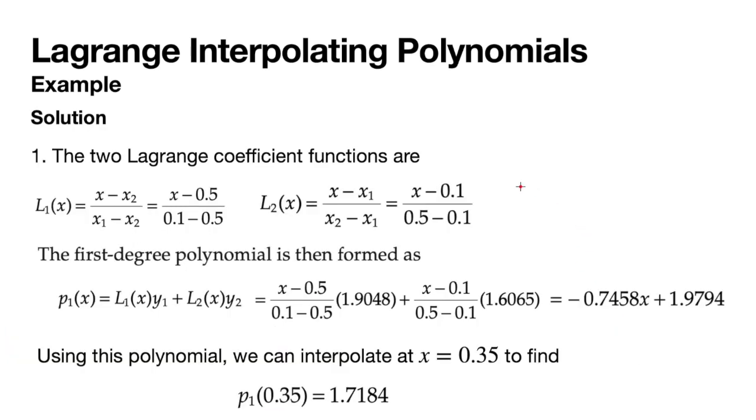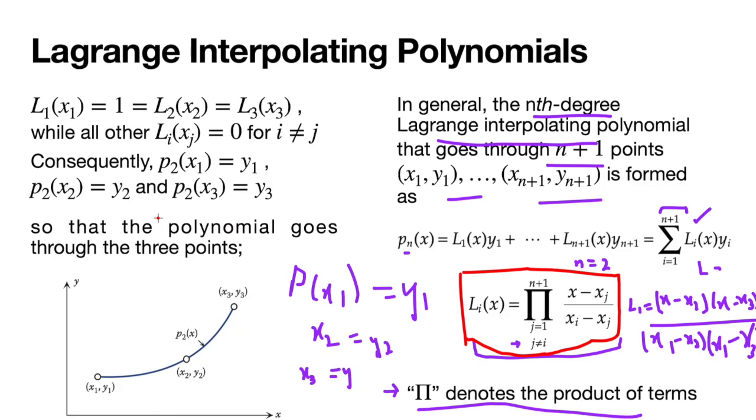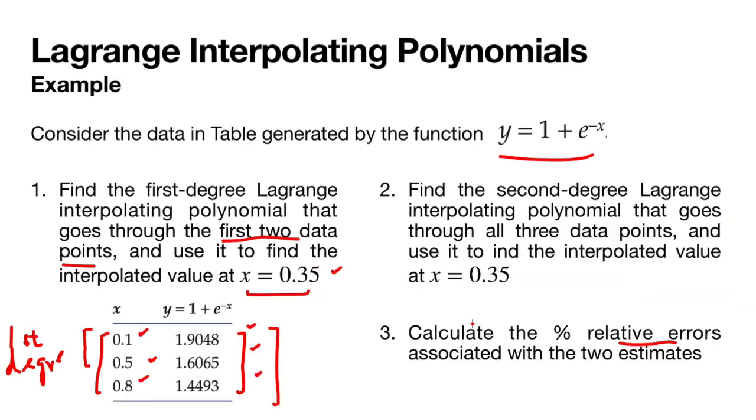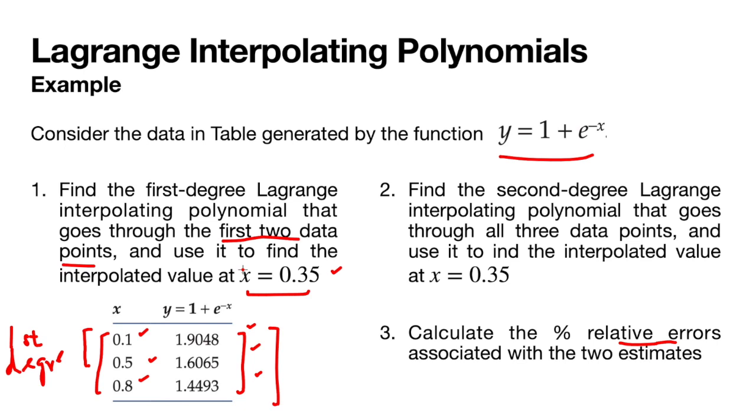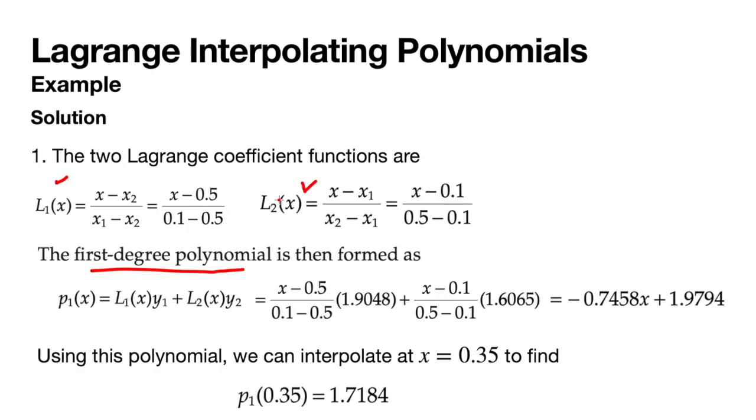So the two Lagrange coefficient functions are these. You can calculate them using this method, or you can just remember them. These are the Lagrange coefficients for the first degree polynomial. Because the first question asks us to use only the two data points and the first degree Lagrange interpolating polynomial, we will just calculate L1 and L2 and use these formulas.